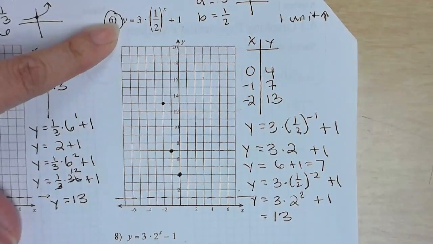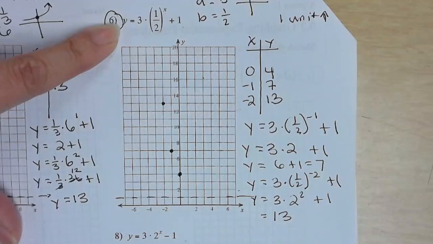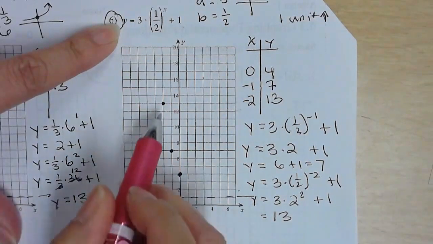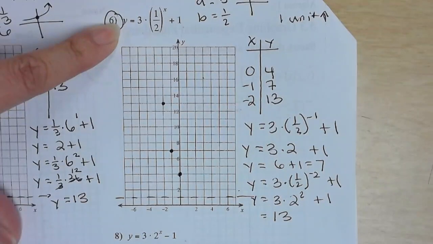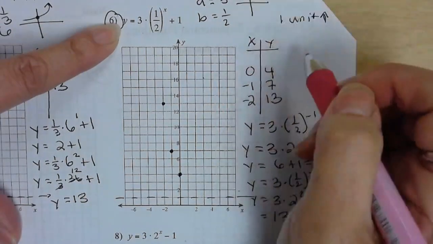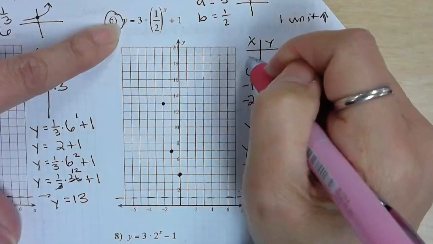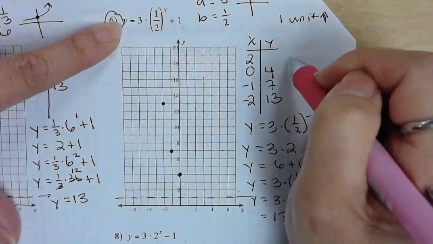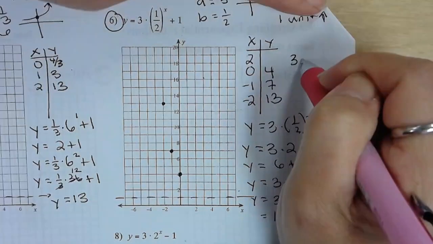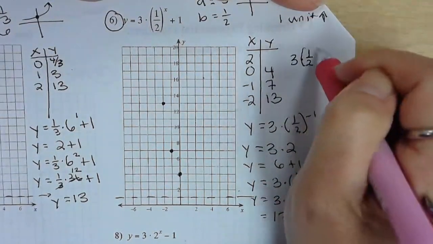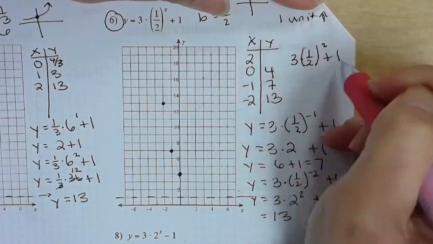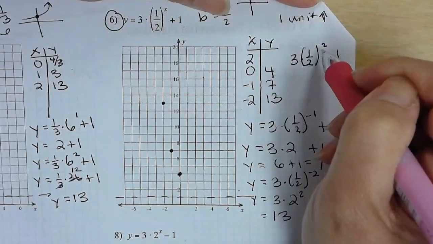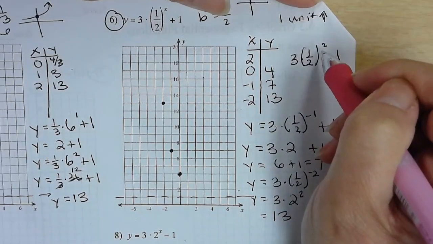Now, just for fun, because this is so much fun, I would like to do a positive number because I want to see this go down. Okay? So I'm going to use +2. Why not? So I'll do my math up here. 3 times 1/2 squared plus 1. 1/2 squared is 1/2 times 1/2, which is 1/4.